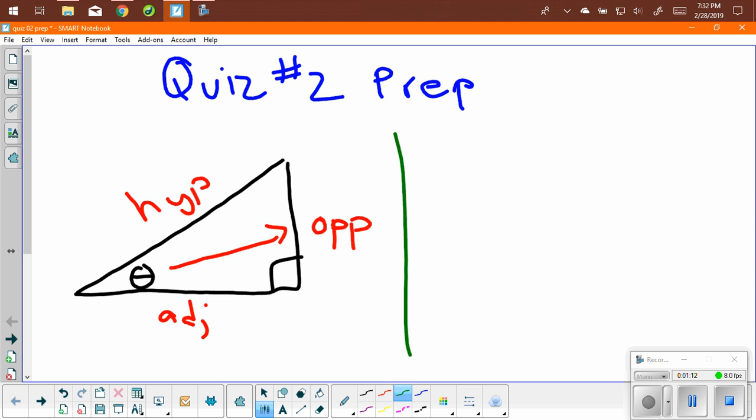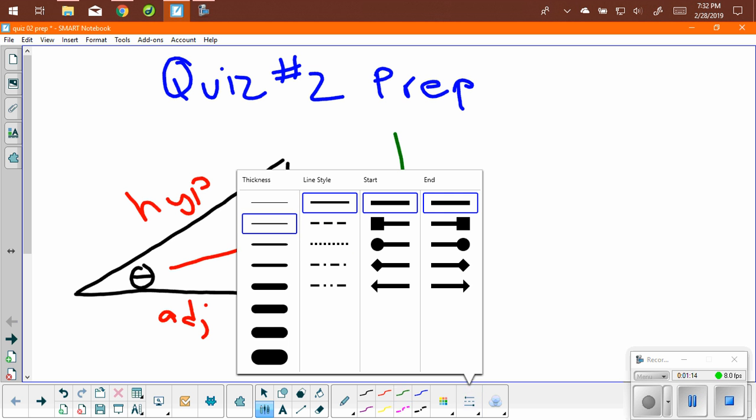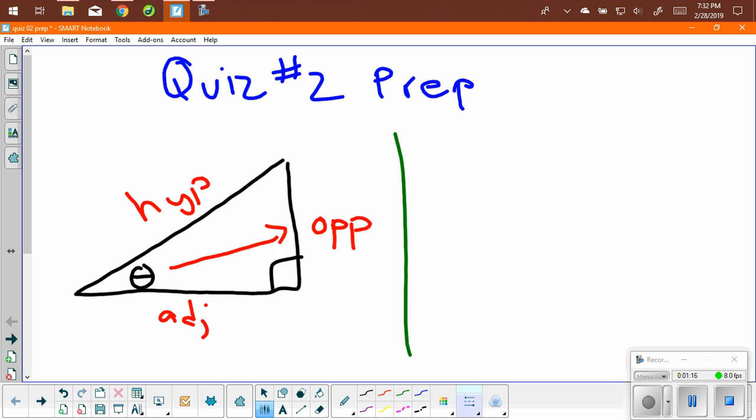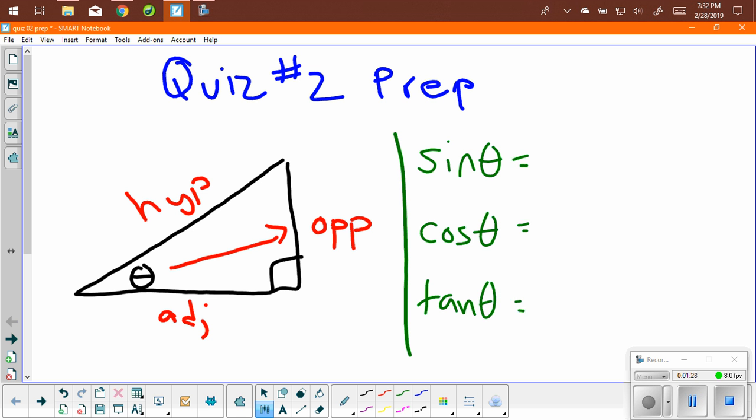The other key thing is those three ratios that we've been talking about. We have sine, cosine, and tan for tangent. You need to know which is which. Sine is opposite over hypotenuse.